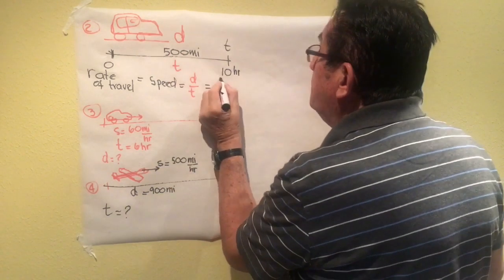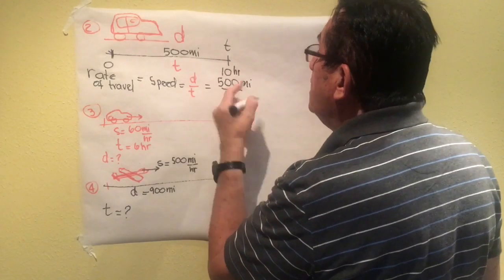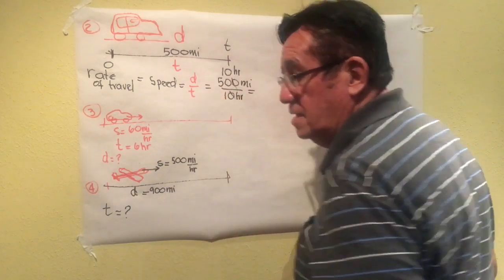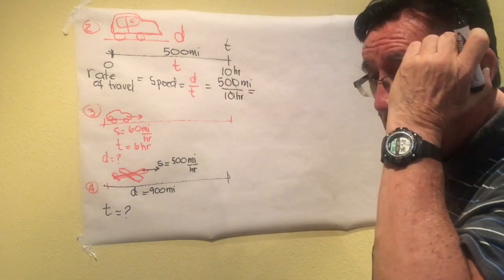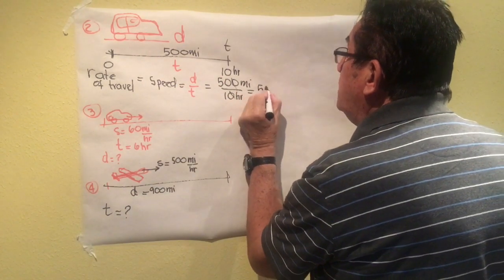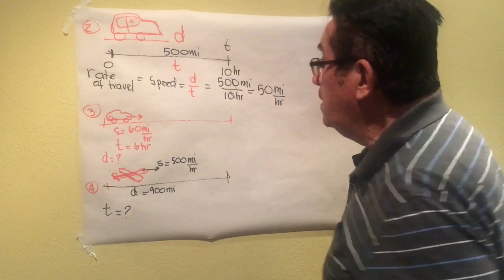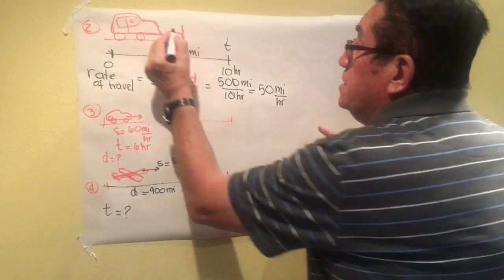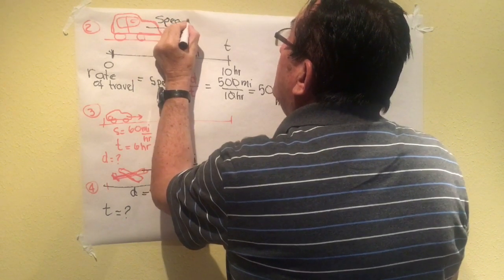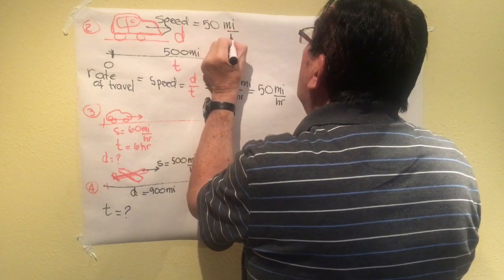So distance is 500 miles divided by the time, which is 10 hours. And if you do this simplification, the velocity or rate of travel is 50 miles per hour. Very simple, right? So the speed of this car is 50 miles per hour.